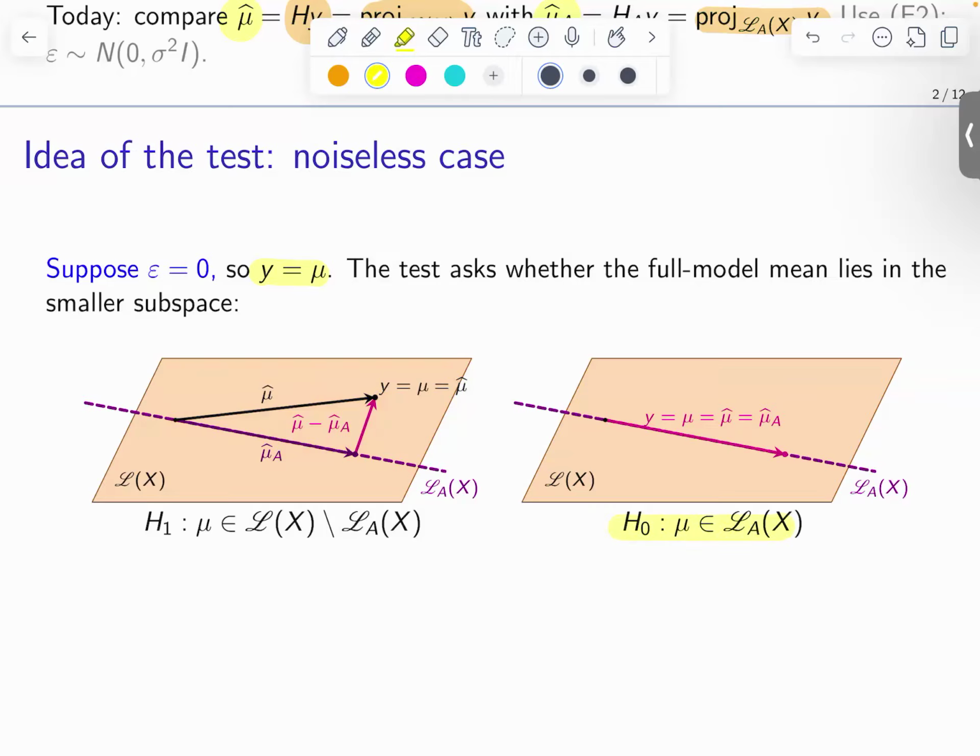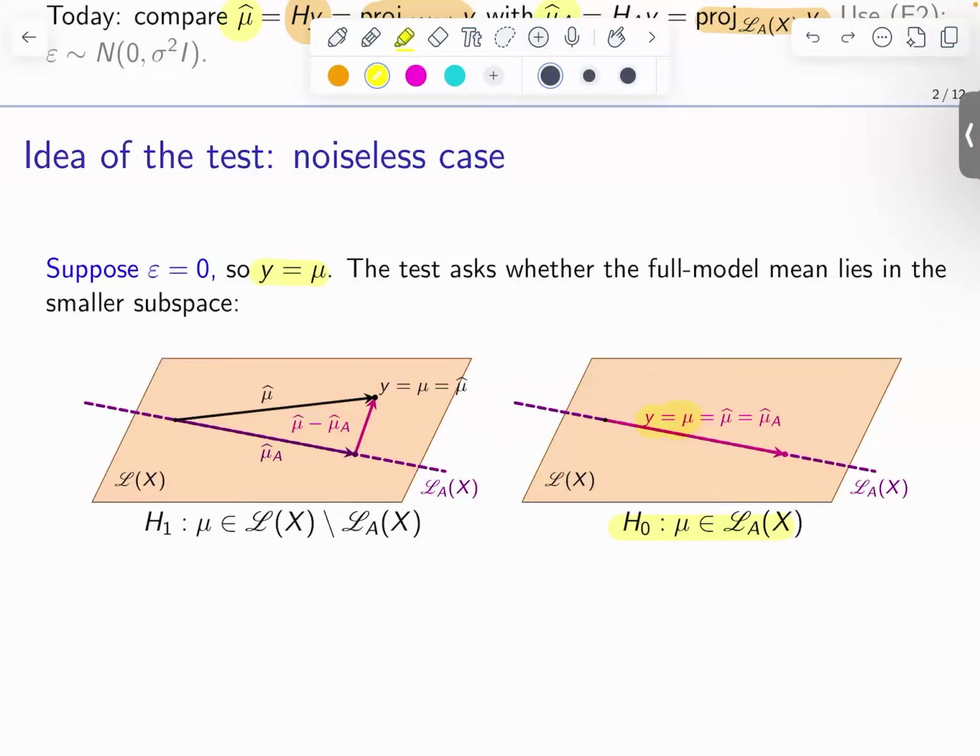Here mu is going to be in the smaller subspace. And now I have y, which is equal to mu, lying on this. When I try to project it on either the bigger subspace Lx or the smaller LAX, I get back the same thing because I'm in the same subspace in each case.